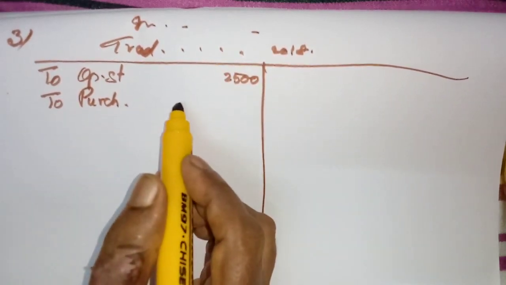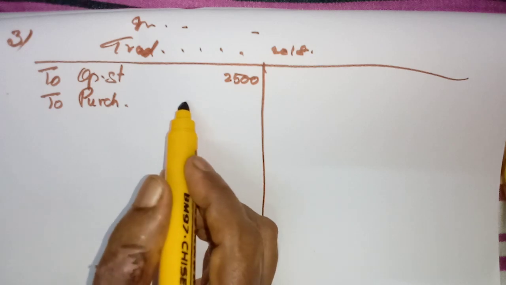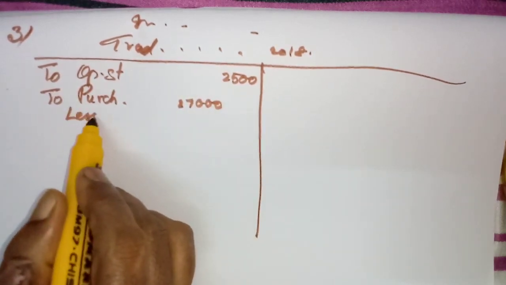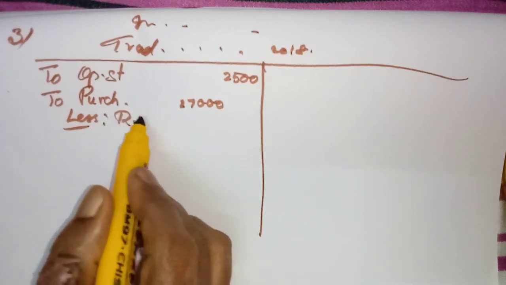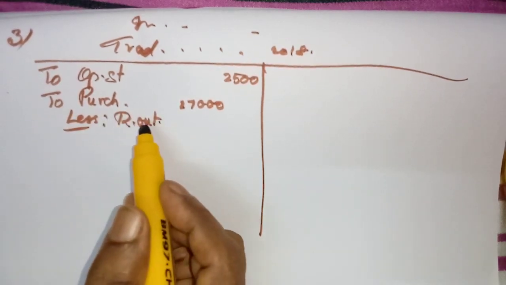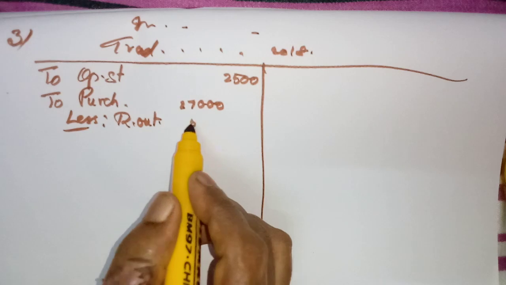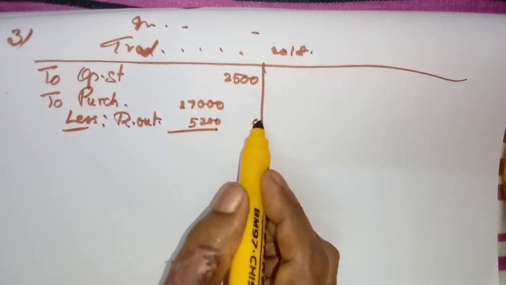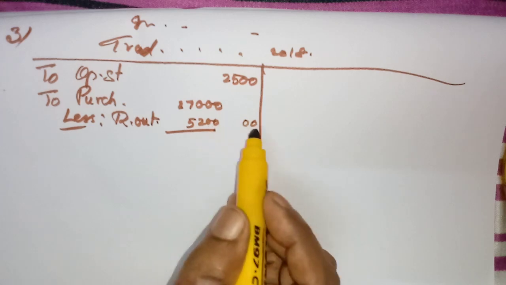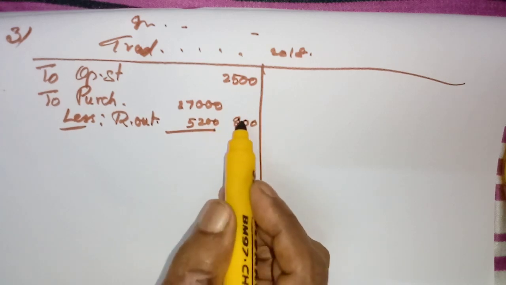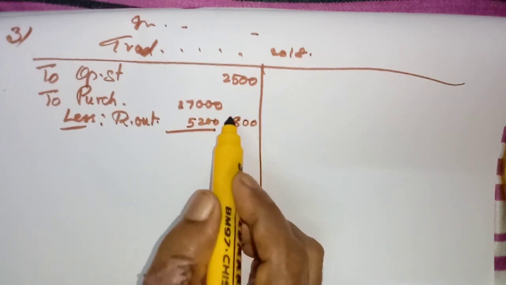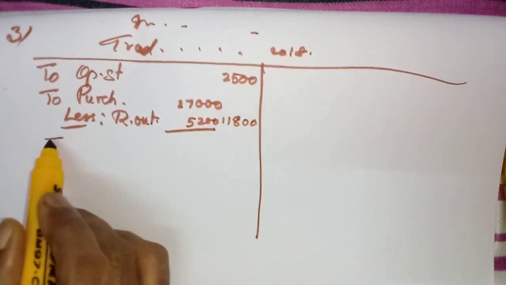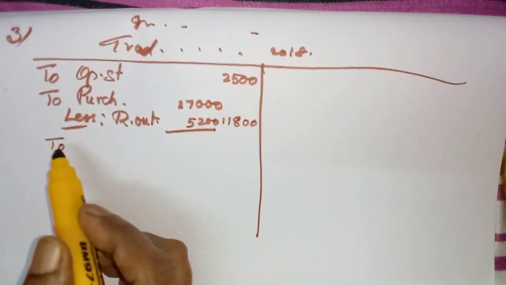So we have to write in the inner column purchases 27,000 less return outward 5,200. Right, 0, 0, 8, 6 minus 5, 1, 1. 11,800. Then any direct expenses, check.